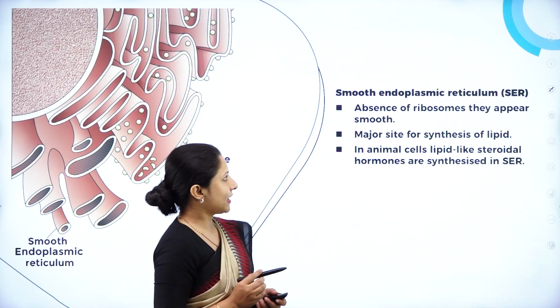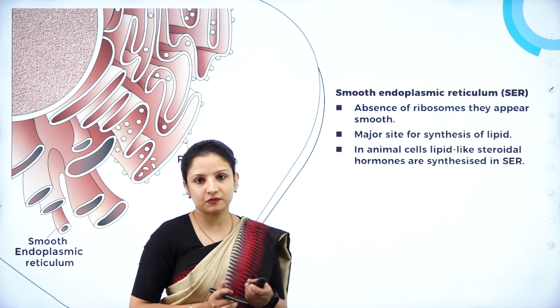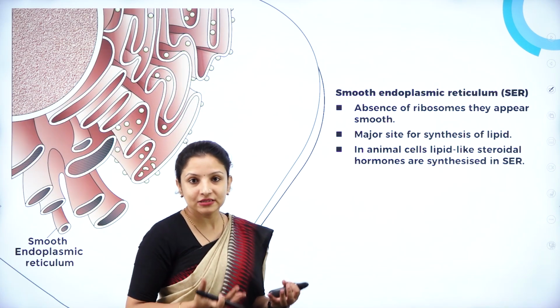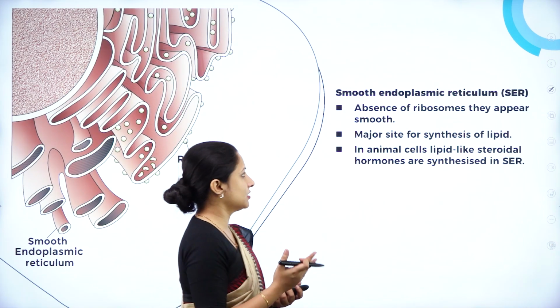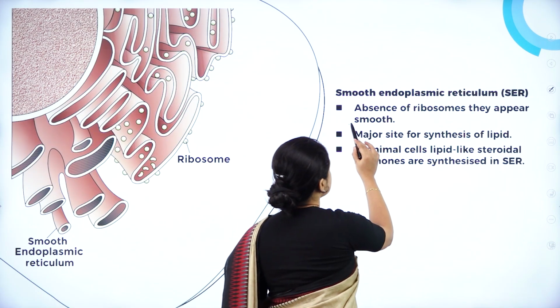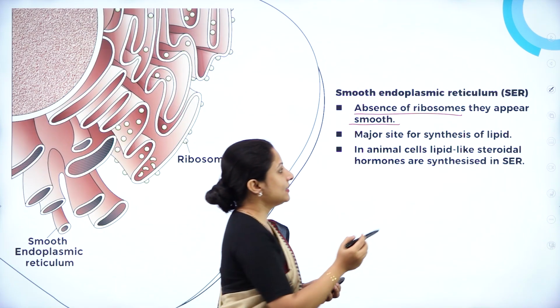So moving to the second type, that is smooth endoplasmic reticulum. As the name says, it is smooth in surface. Why is it smooth in surface? Because there are no ribosomes distributed on its surface. Because of the absence of the ribosomes, they appear smooth, and they are the major sites for lipid synthesis.